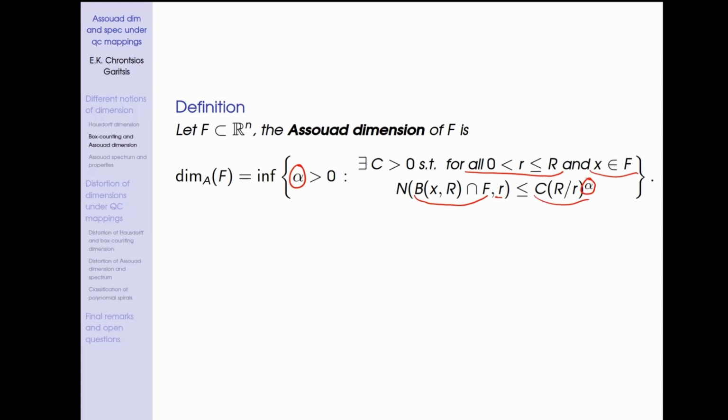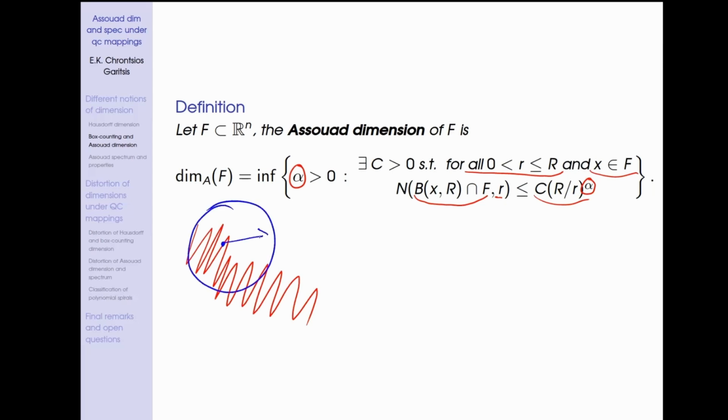Now, what does this say? This says that if you have a set, at all points, at all places on the set, you are allowed to pick some R, and this R tells you how much you are allowed to zoom in on that point, or zoom out from that point.